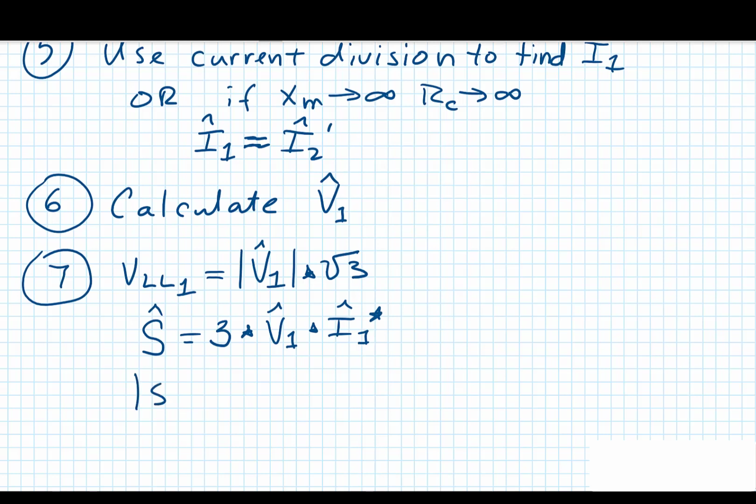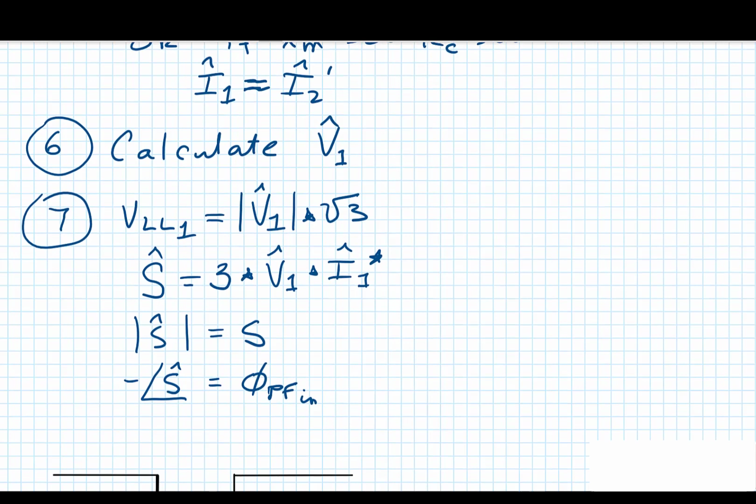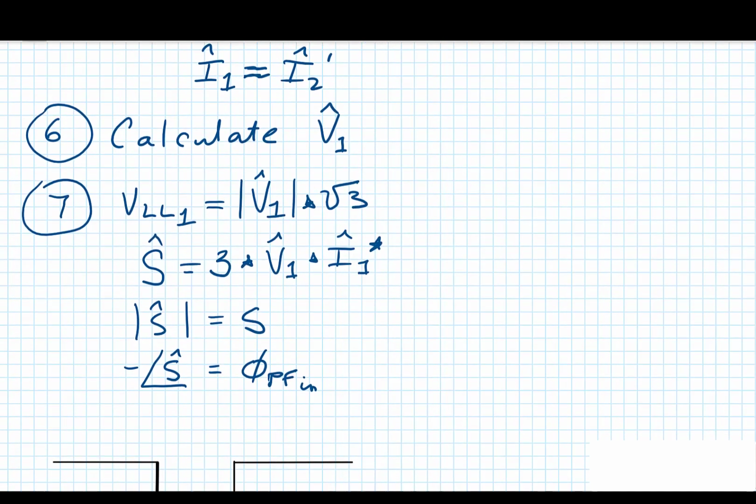The magnitude of S is the S that we're asked to find, and the negative of the angle of S is the power factor angle on the primary side, or you could say the input side power factor angle, and we will know if it's leading or lagging.